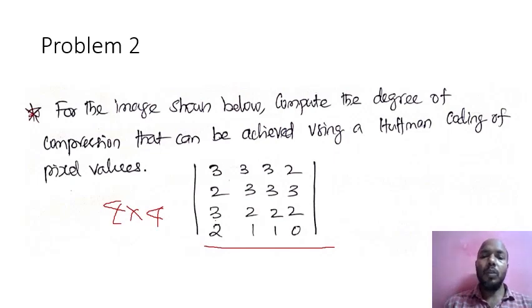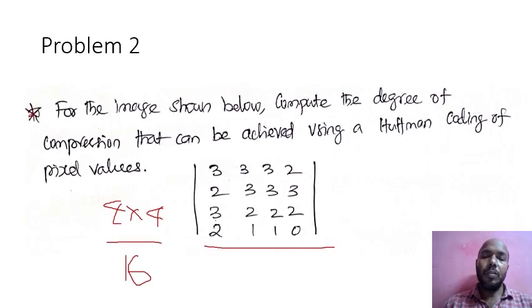What is the total number of occurrences? That means the total pixels, which is 4 into 4, so it is 16. So 16 pixels are there.